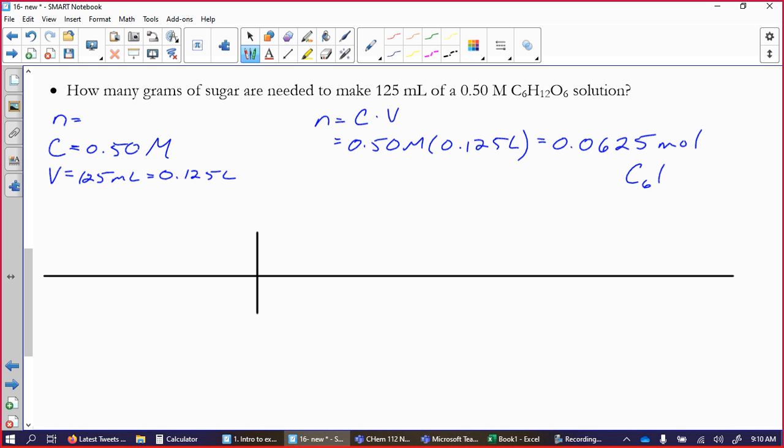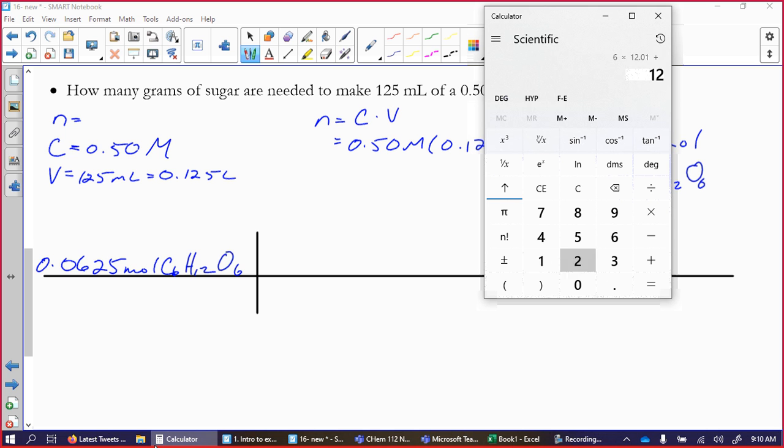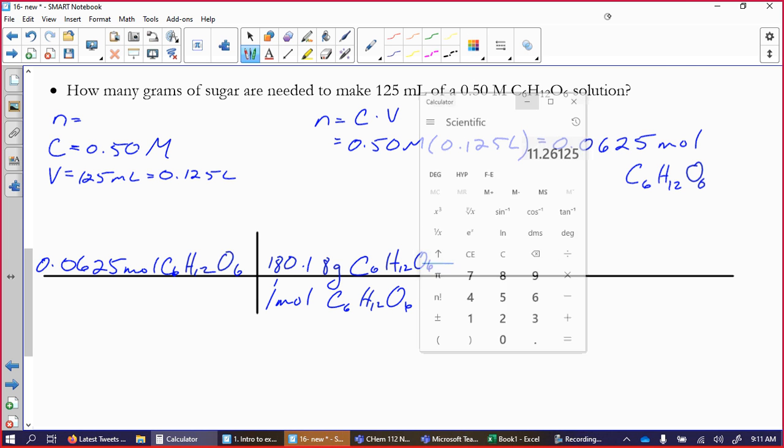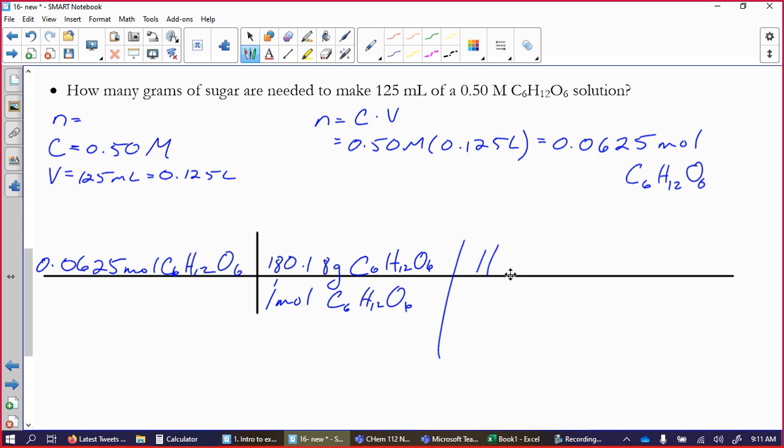When you're doing the C equals n over V, what it is isn't super important, but when you get into doing your mole conversion, C6H12O6, 6 times 12.01 plus, times 0.0625 is, there's only two significant figures because of that. 11 grams of glucose or fructose.